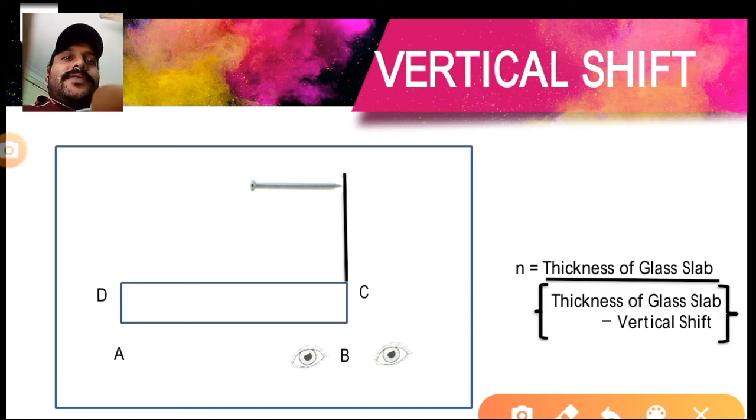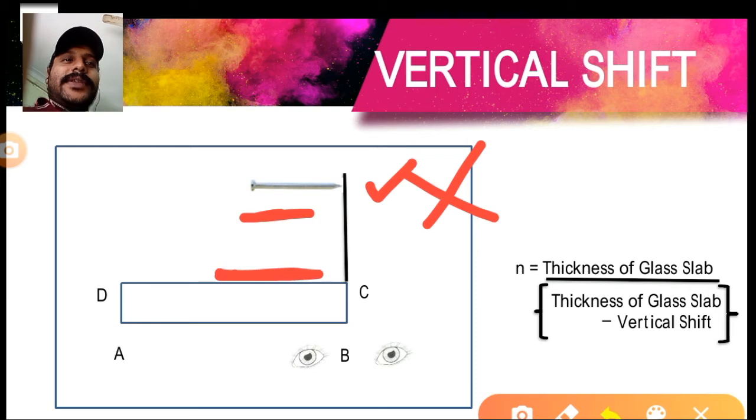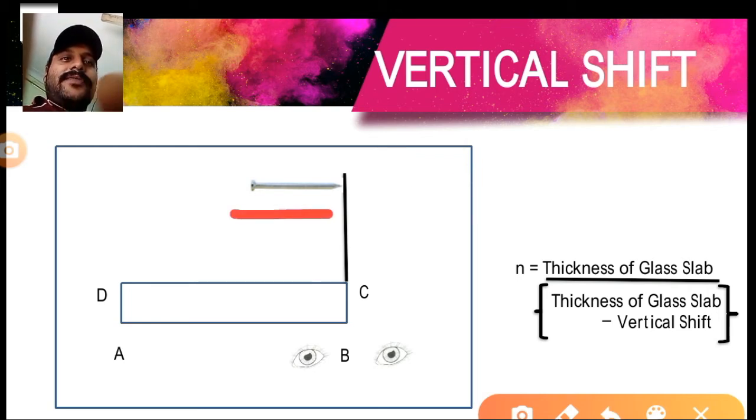Whatever the length of the pin is, it will be parallel to the longer line CD. So here we are not inserting it, we are just placing the pin at some point on the normal line.